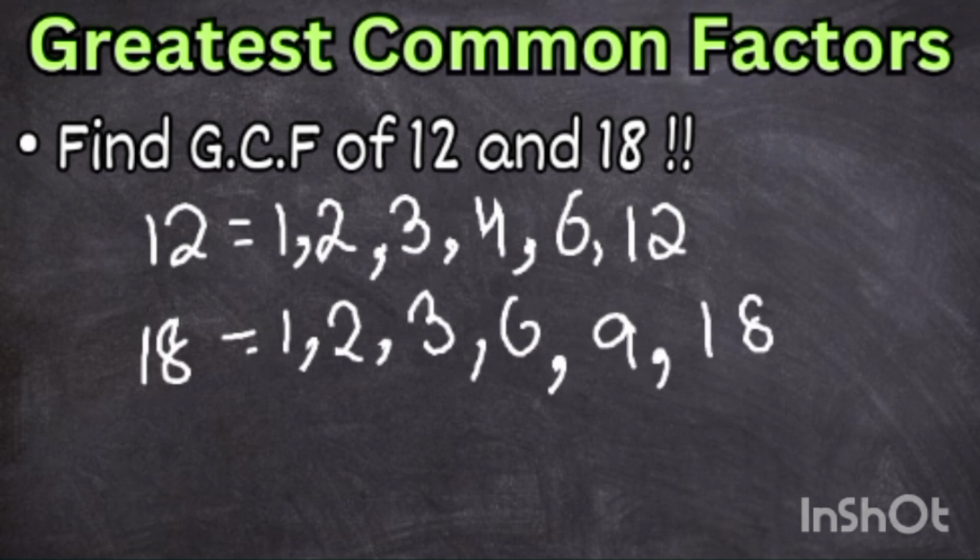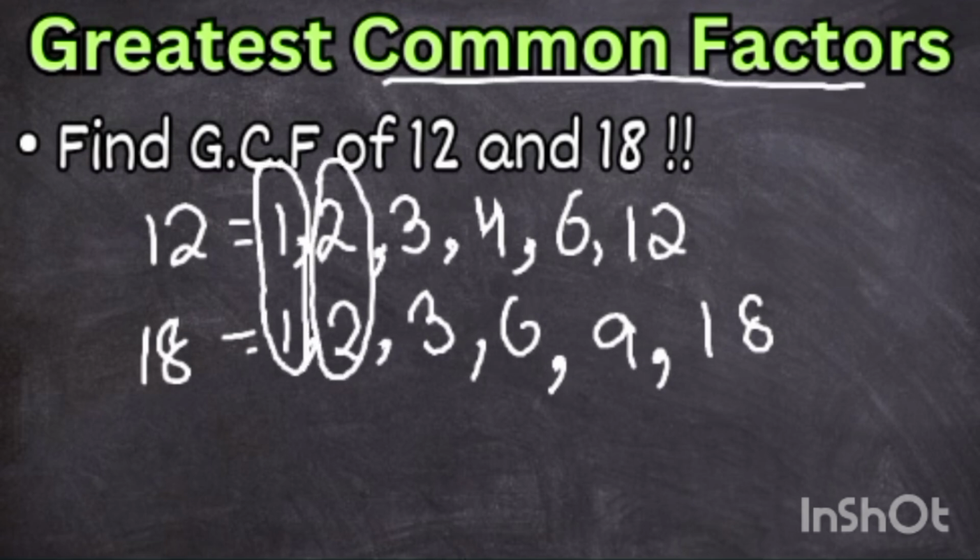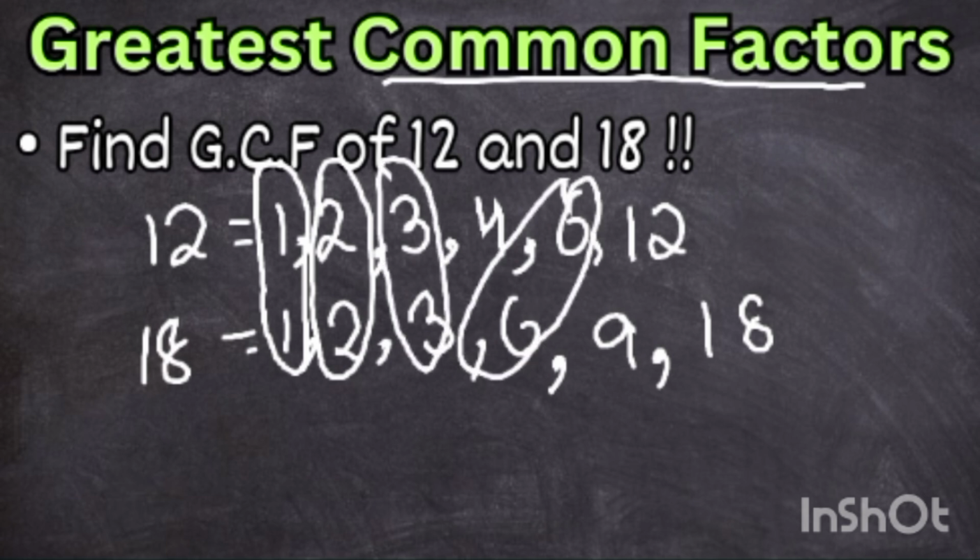Now we are going to see which are the common factors. We have listed all the factors of each number, and now we need to list the common factors, not the greatest common factor. So the common factors are 1, 2, 3, 6 and no more.